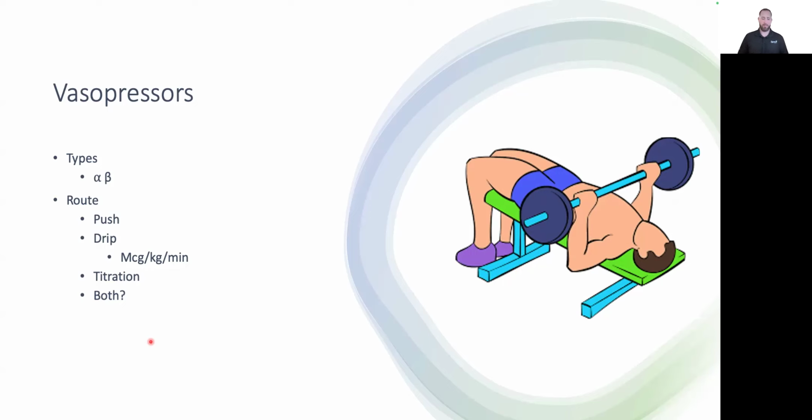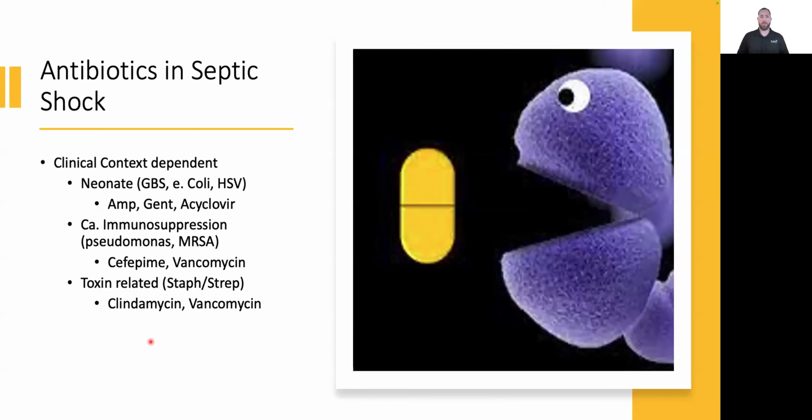to kind of get them stabilized? Antibiotics are going to be clinically dependent based off of the context. Is this a neonate that may have something like HSV or E. coli or GBS? Well, it may start them on something like ampicillin with gentamicin or acyclovir. Or if they're a little older, maybe move to something like Rocephin.